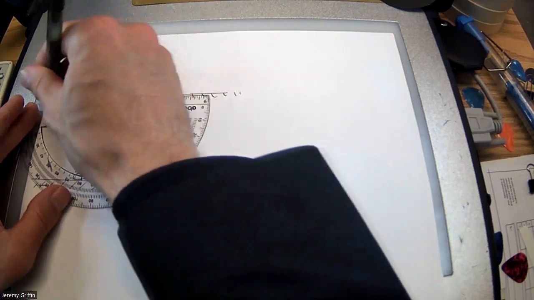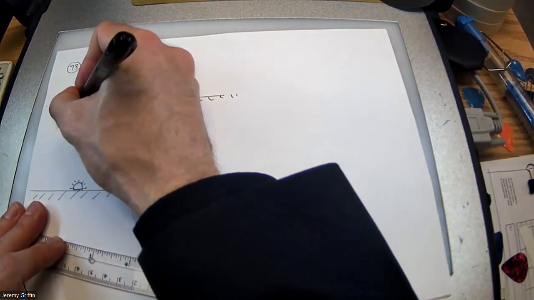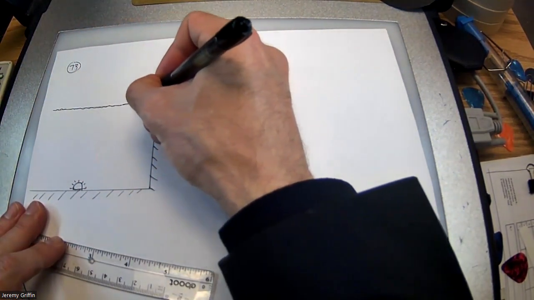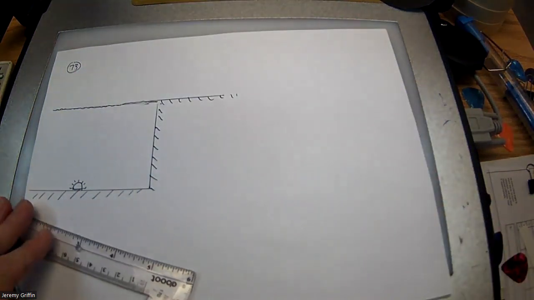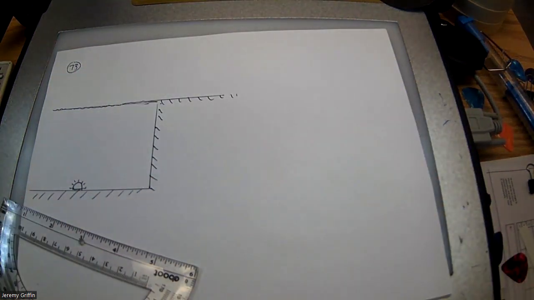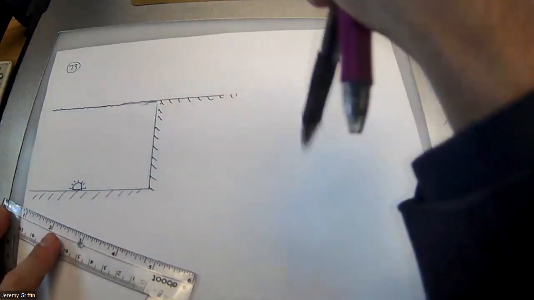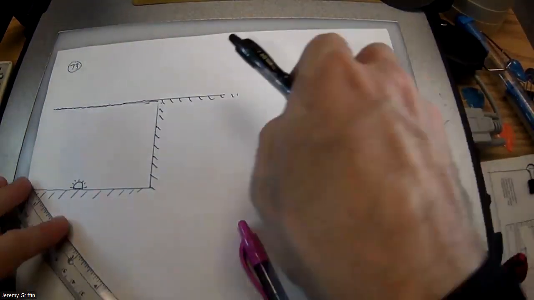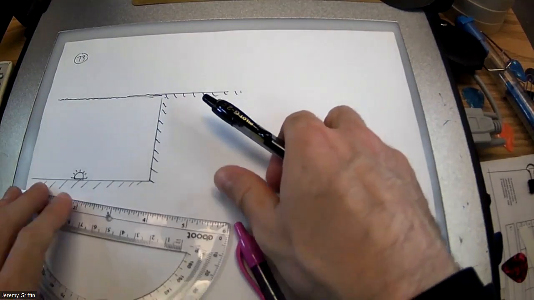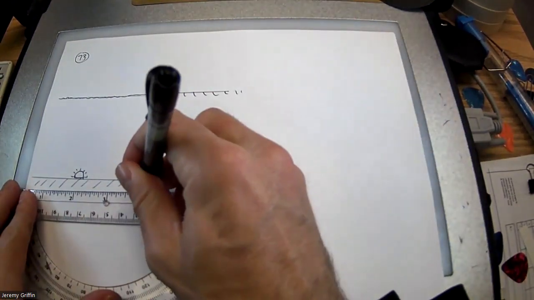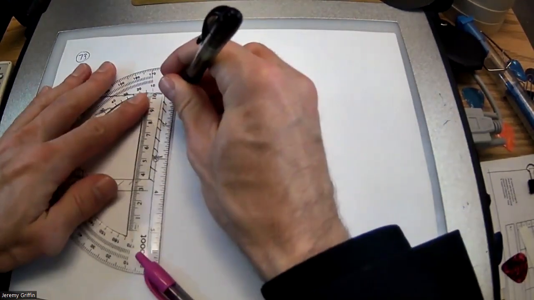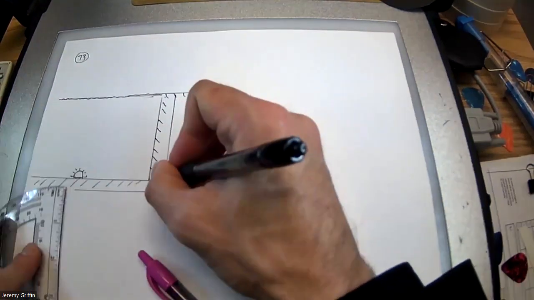Then I need to label some distances. We've got 1.5 meters here and 2 meters here.